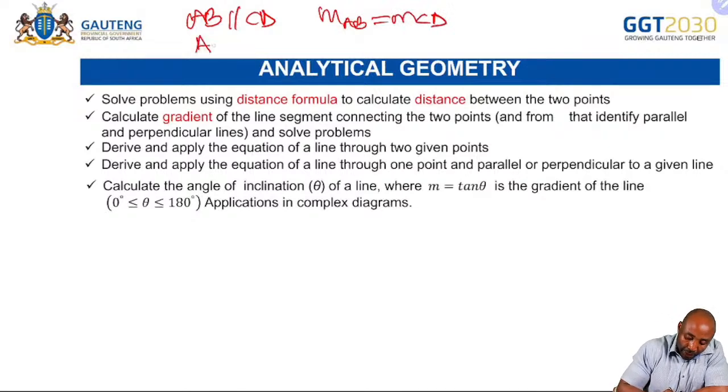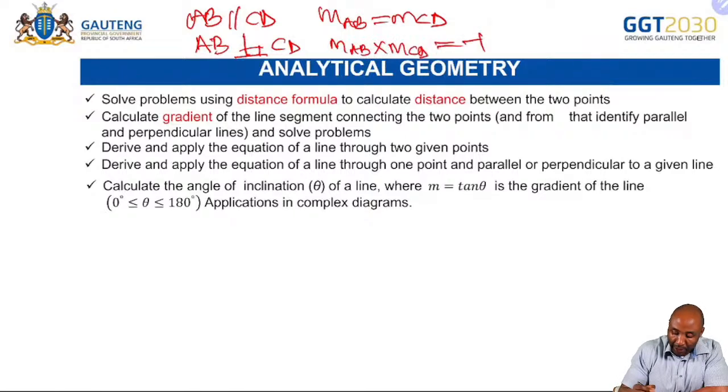If AB is perpendicular, we use that symbol for perpendicular to CD, it follows that the gradient of AB multiplied by the gradient of CD should give us -1.